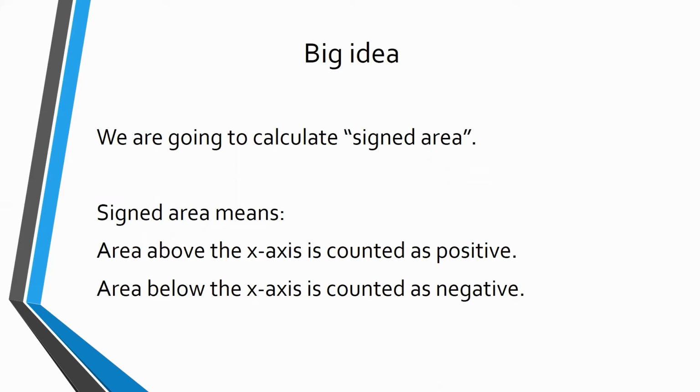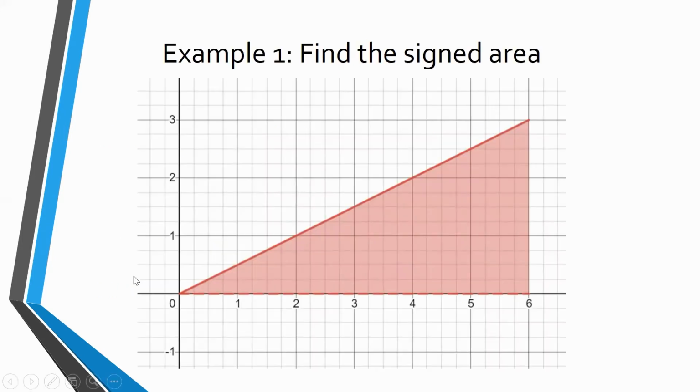What is signed area? Well, signed area means that when I have shaded an area above the x-axis, we're going to count that as positive. And when I shade an area below the x-axis, we're going to count that as negative. In usual fashion, what we're going to be looking at is an area between some function and the x-axis.